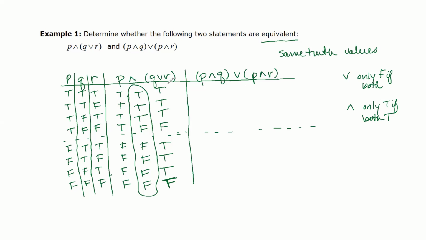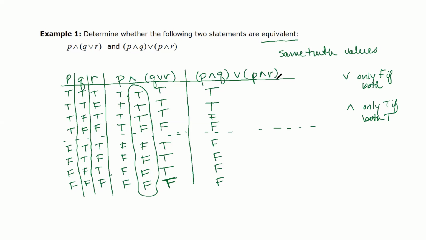So we have true, true, so true; true, true, true; true, false, false; true, false, false. Down below, false, true, false, true. So we got false, false, false, false, false, false, so false, false. So we have the two trues and the rest false.